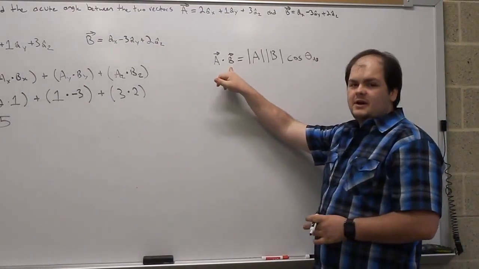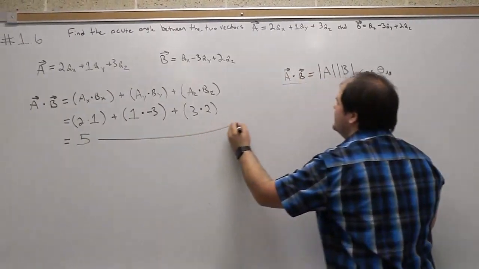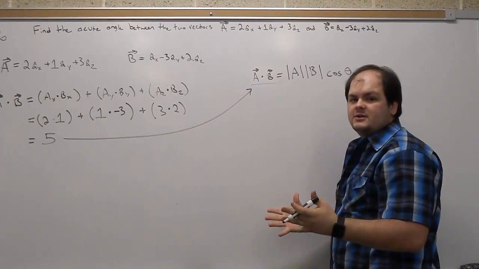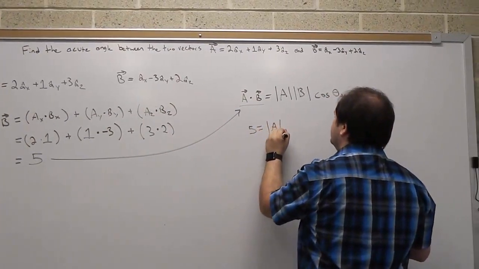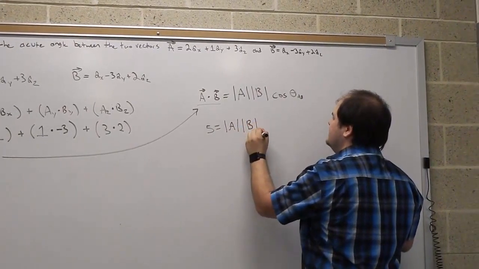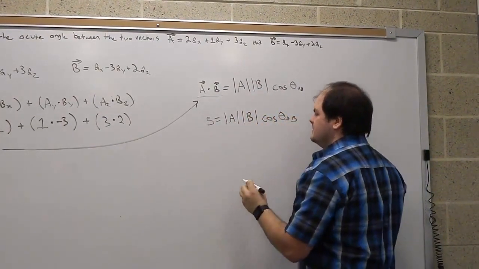So we already know this value. This value comes from here. We've already solved that. So now we have 5 is equal to the magnitude of A times the magnitude of B cosine theta AB.